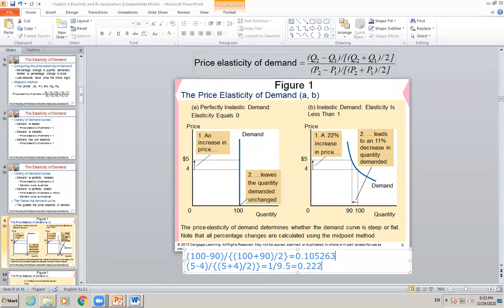Which is 0.22, and they rounded it to 22%.